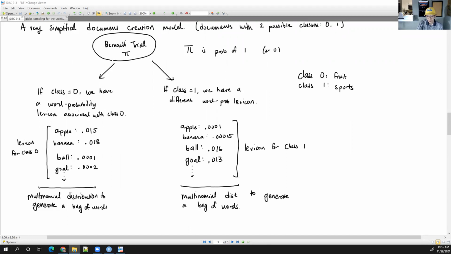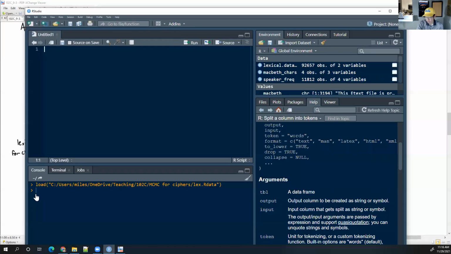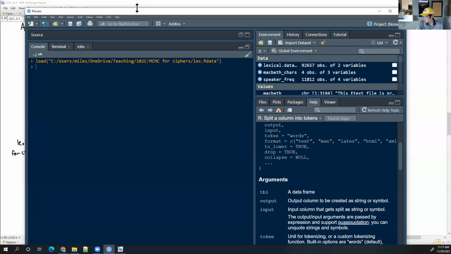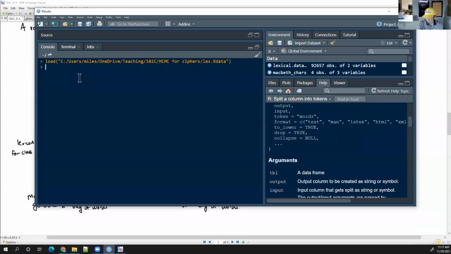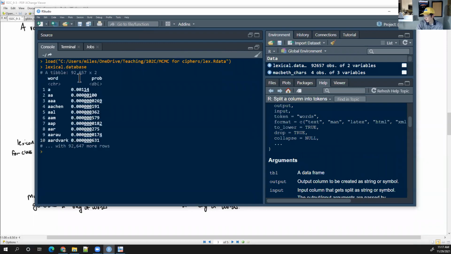Let's see if I can open this. All right, and so the lexical database had different words, and every word had a different kind of probability with it, right?